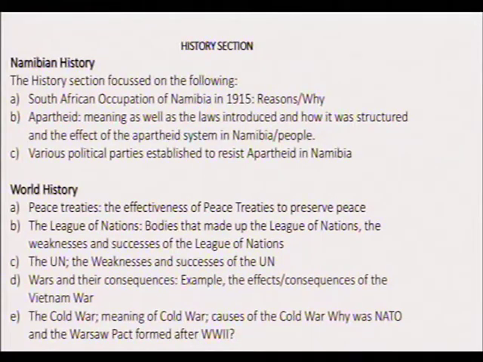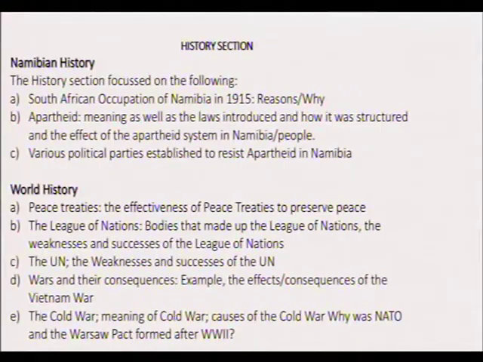Do not confuse the weaknesses and the successes of the League of Nations with the United Nations, and do not confuse the successes of the United Nations with the League of Nations. So separate the two bodies and then look at how they operated and how they were successful or not, because it's important.